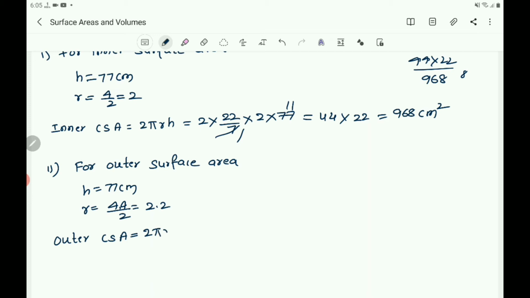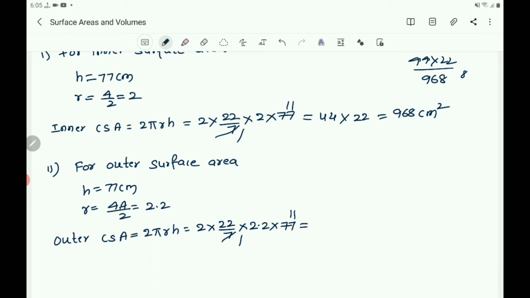Again 2πrh, 2 into 22 by 7 into 2.2 into h is 77, 7 ones are 7, 11s are 11.